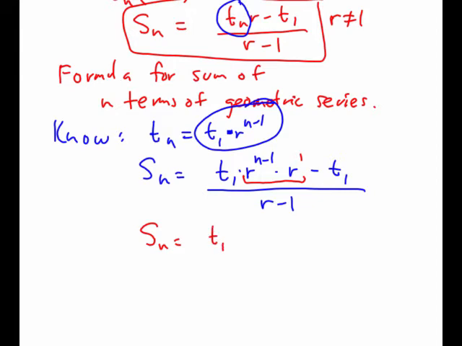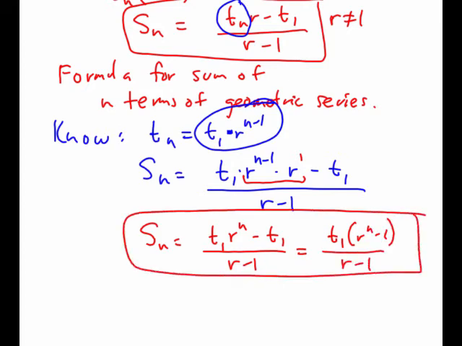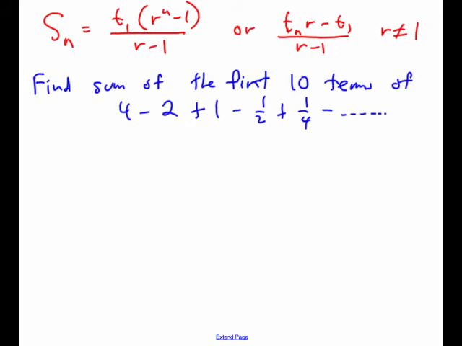And so I'm going to get T1 r to the n minus T1 over r minus 1. Or if I factored out T1, I get this. So any of these two forms will find us the sum of n terms of a geometric sequence. So we could use either of these formulas to calculate the sum, depending on what we were given.